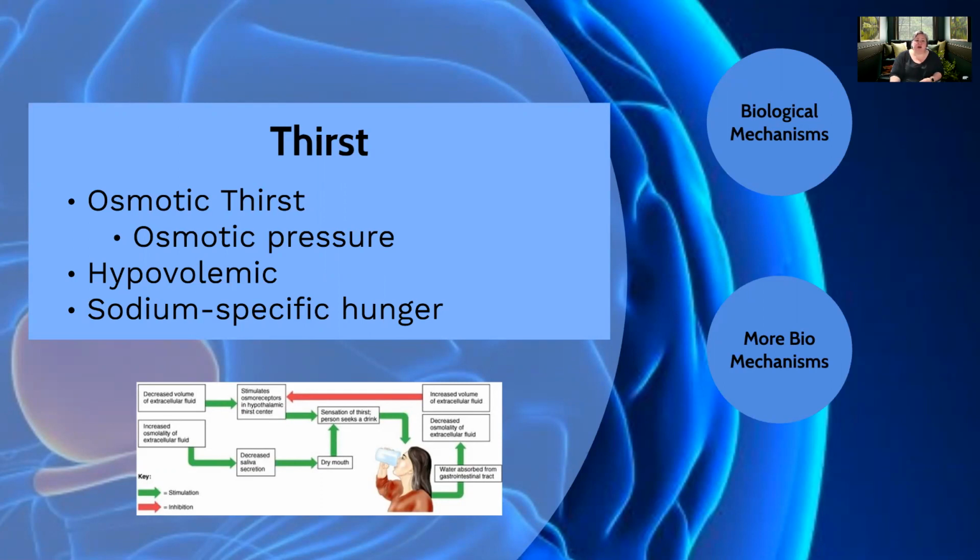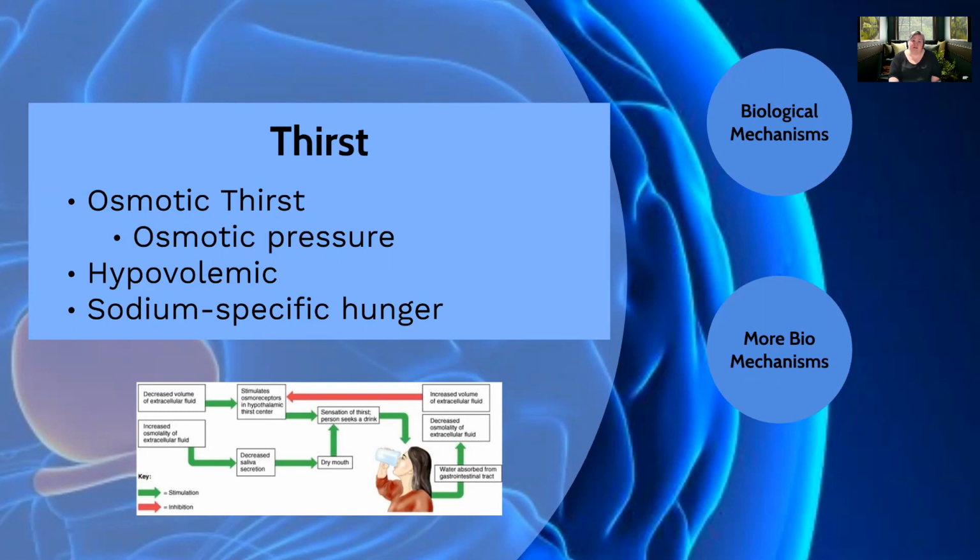Osmotic pressure occurs when solutes are more concentrated on one side of the membrane than the other. So when you eat something salty, those sodium ions spread around that extracellular fluid, and the result is a higher concentration in the extracellular space.